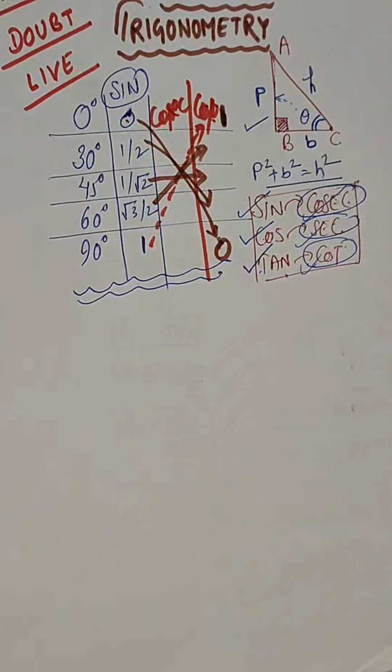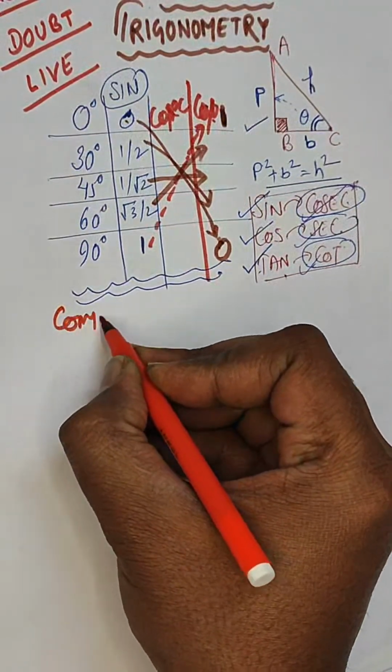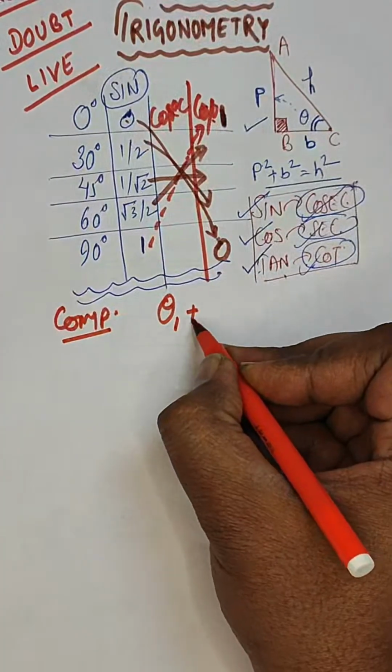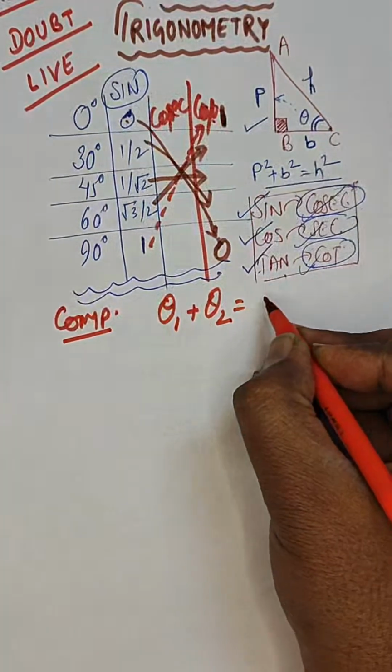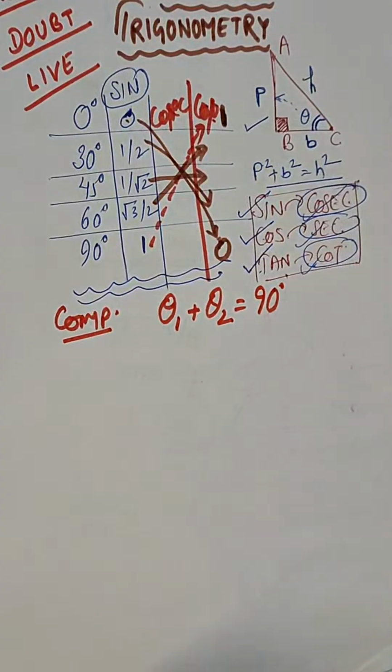Now quickly coming to the question, also remember the concept of complementary angles. Complementary is when one angle added to another makes 90 degrees.